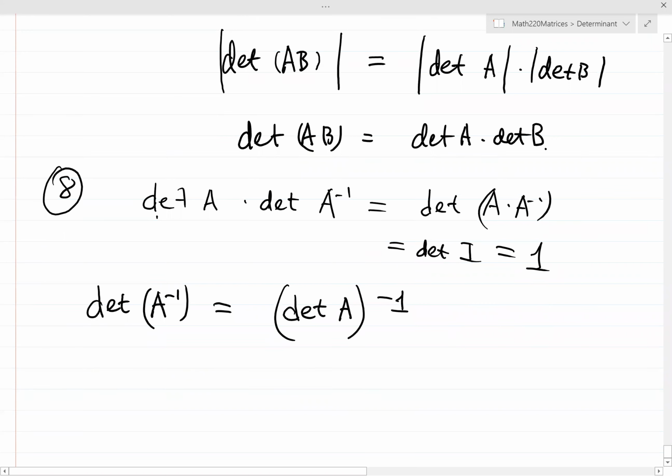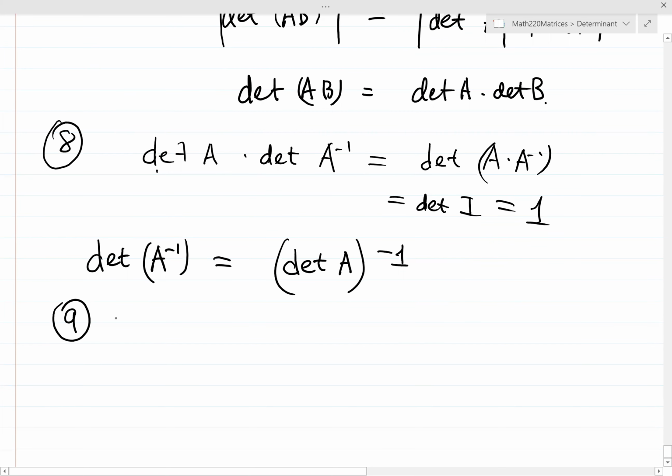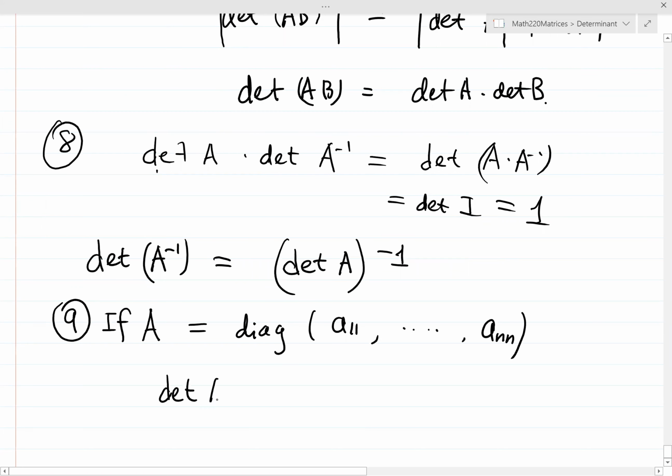Property 9, let me write down this property. If A is diagonal, with entries a1 through an, then the determinant of A, which we already proved, is the product of the diagonal entries.